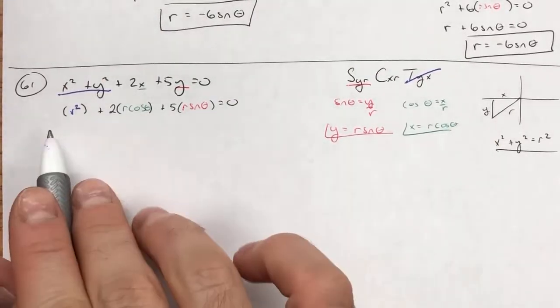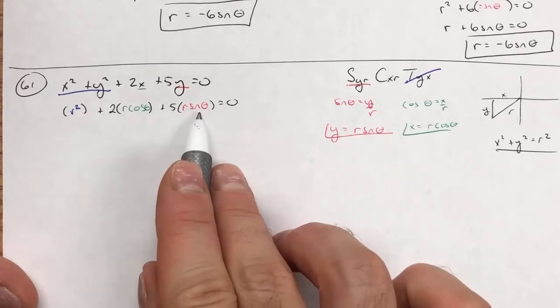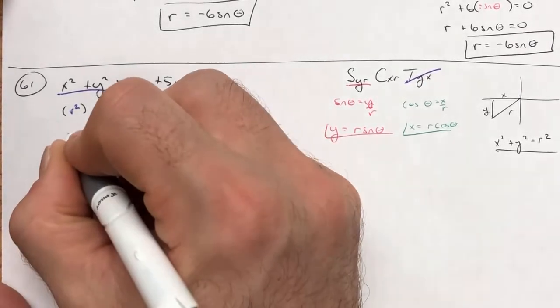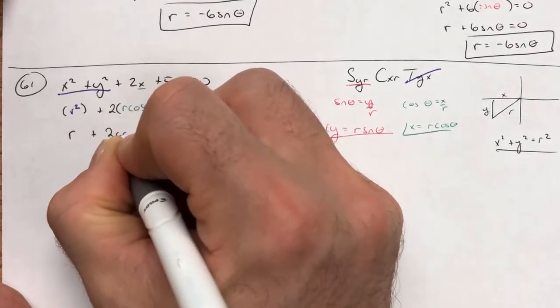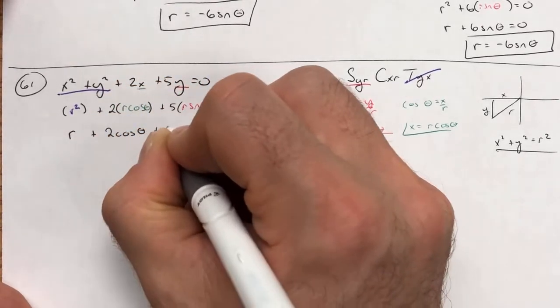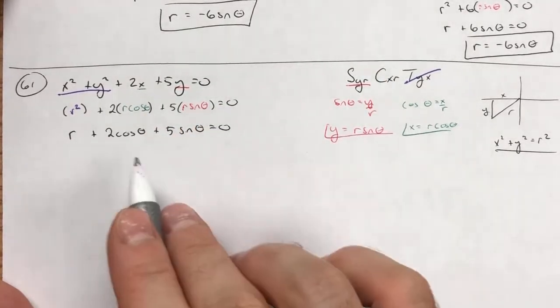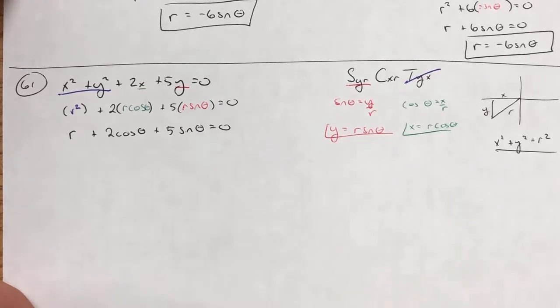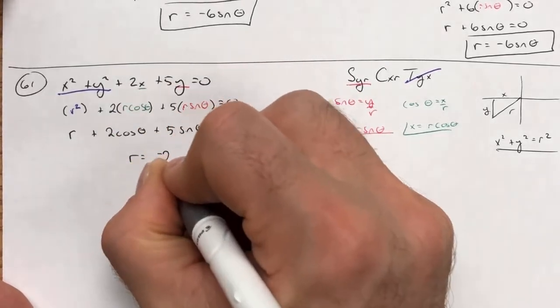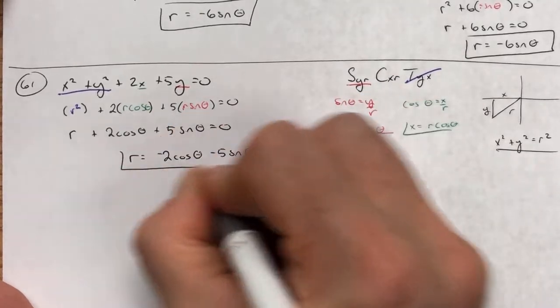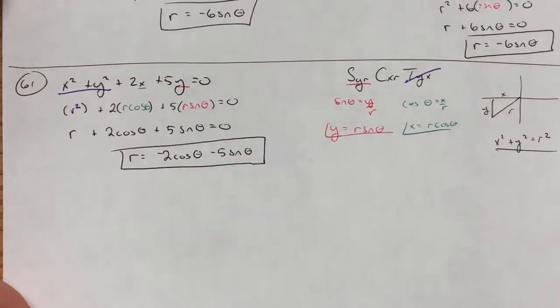At this point, all 3 terms have an r, so I can get rid of it by dividing everything by r. So I get r plus 2 cosine of theta plus 5 sine of theta is equal to 0. Subtract these 2 terms, and we're done. Boom. And there we go. So that was number 61.